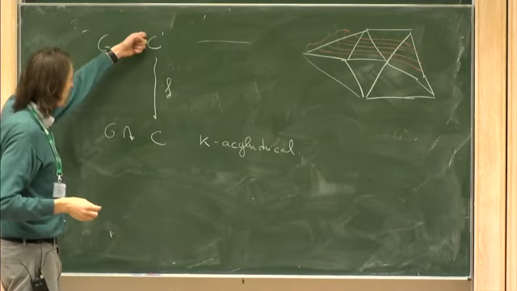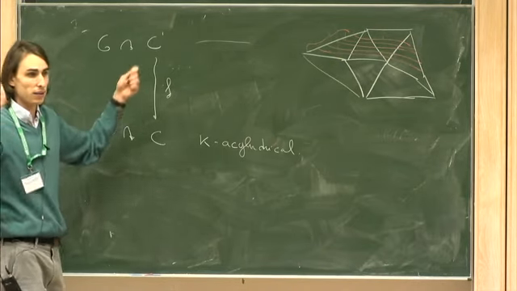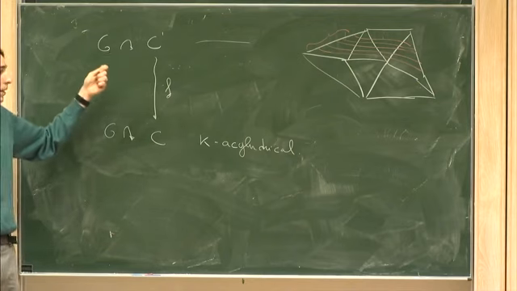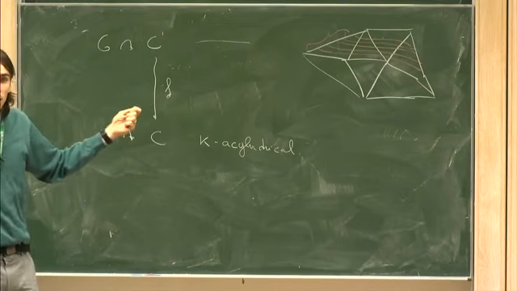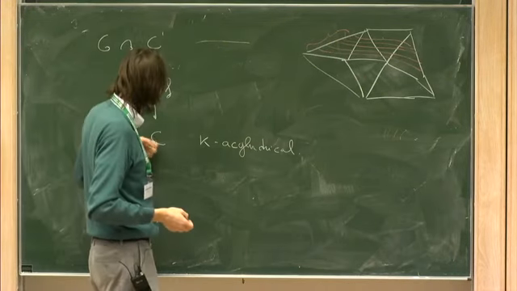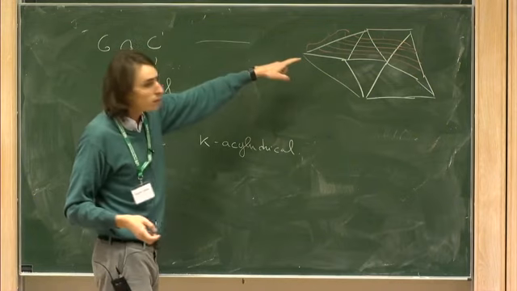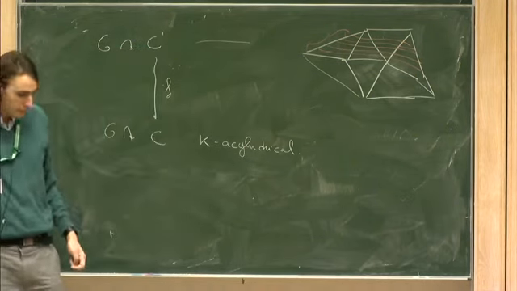We can push it back there and find two hyperplanes that are far apart and that have non-trivial intersections. So that's a contradiction. If we have too many hyperplanes there, we have a contradiction.